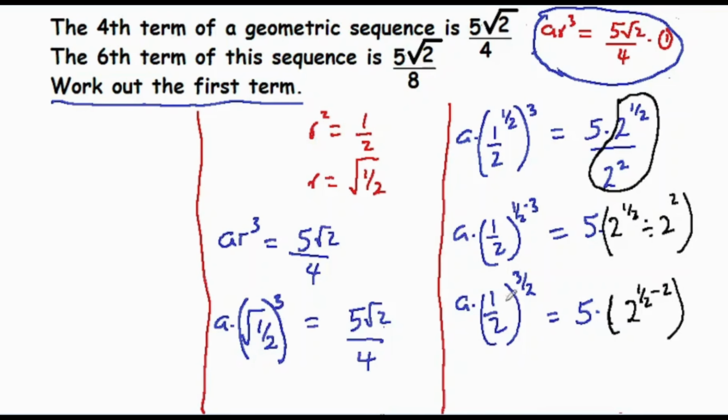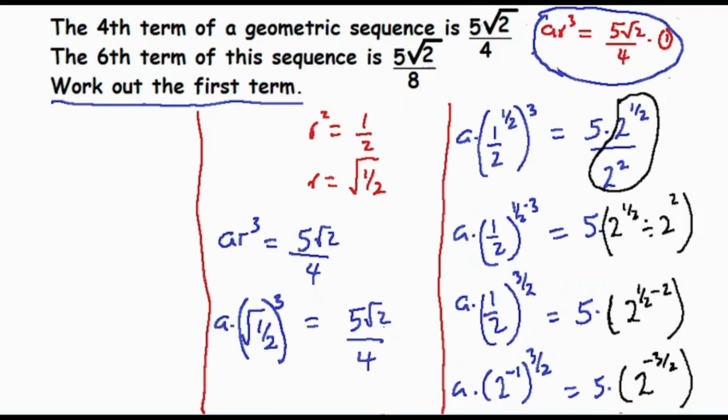Alright, good. So here now we are going to have a multiplied by 1 over 2, which can change to 2 raised to power minus 1 according to the law of indices, raised to power 3 over 2, is equal to 5. So what is half minus 2? Half minus 2 is negative 3 all over 2.